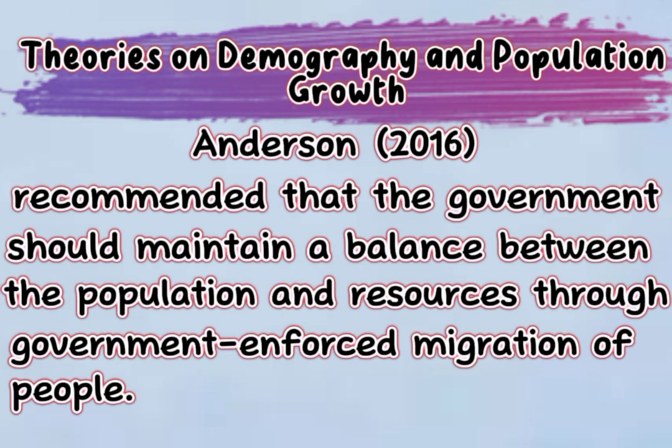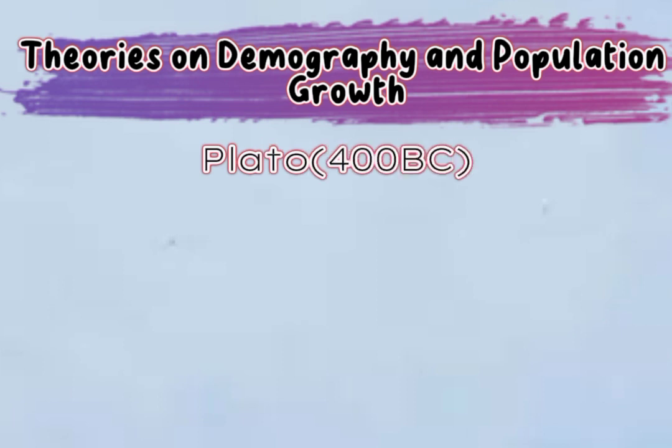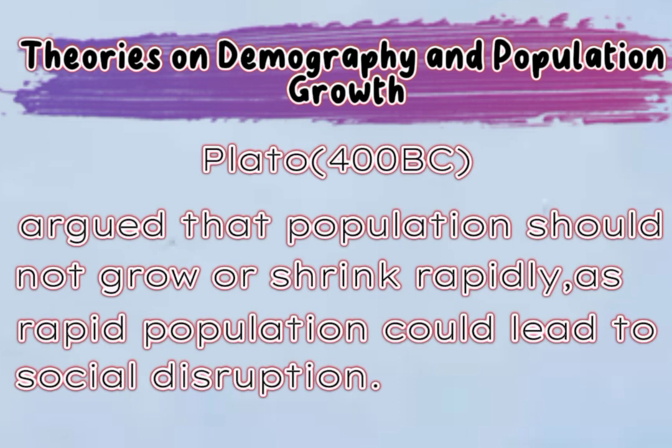Anderson recommended that the government should maintain a balance between the population and resources through government-enforced migration of people. The ancient Greeks also had their views on demographics. Plato argued that the population should not grow or shrink rapidly, as rapid population change could lead to social disruption.